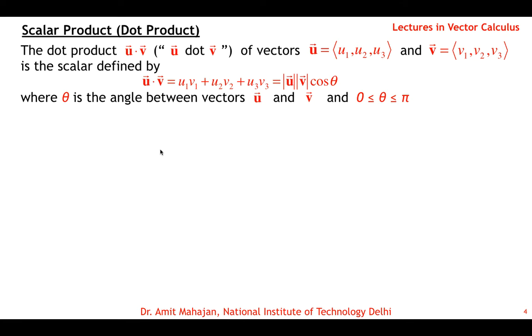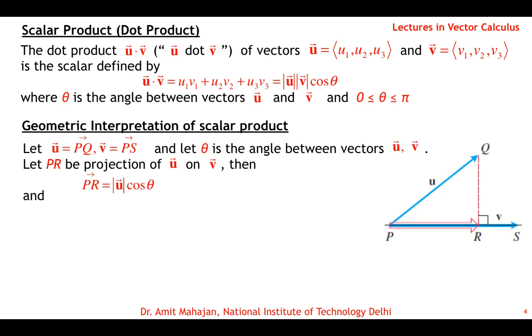The geometric interpretation of the scalar product goes like this: consider two vectors, say u vector is PQ vector and v vector is PS vector. So u is in the direction from P to Q, and v is from P to S. Let theta be the angle between the vectors u and v. Let PR be the projection of u onto v.